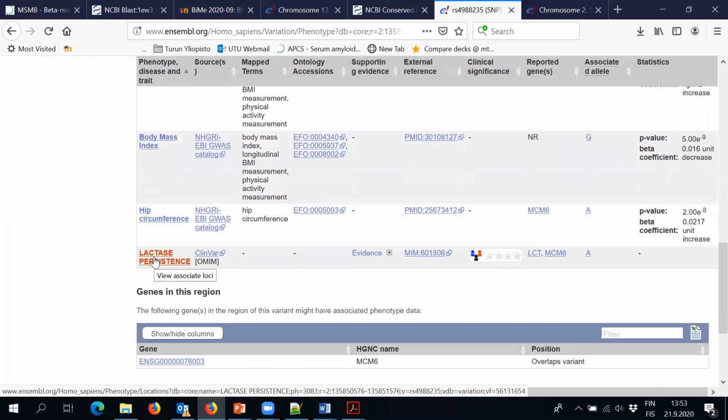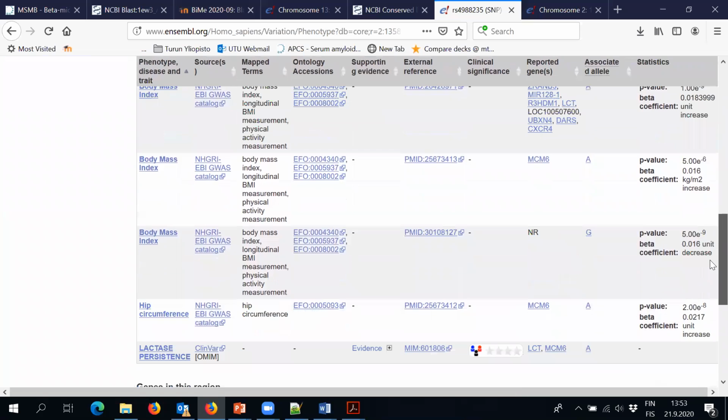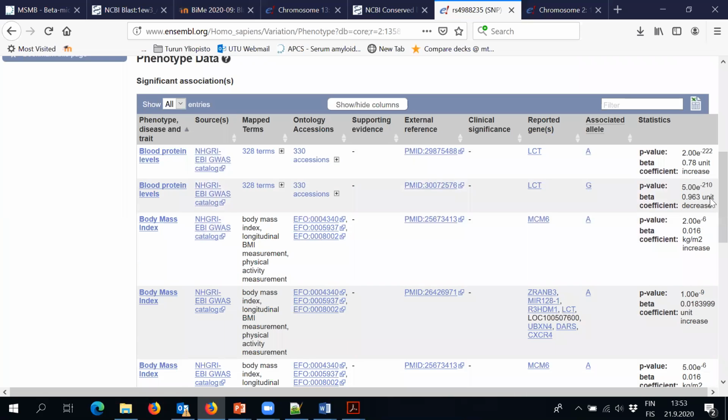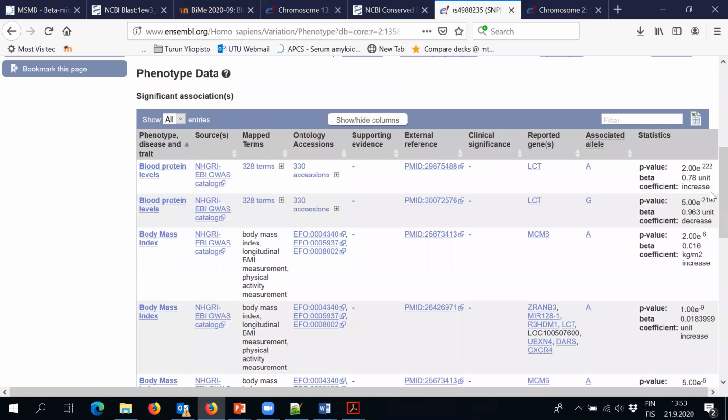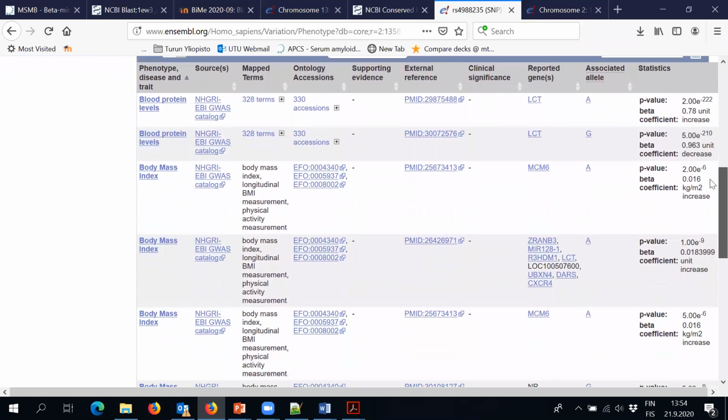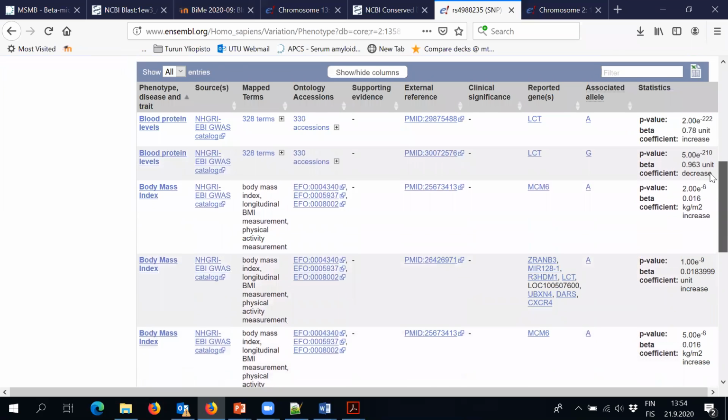This is a link to the clinical variant data, and it's coming from Online Mendelian Inheritance in Man. You may have heard of most people in the world not tolerating lactose when they are adults. Lactose is okay during the period of lactation, but when a child grows up, lactose becomes something that is not digestible, which will lead to diarrhea and gas problems and whatnot.